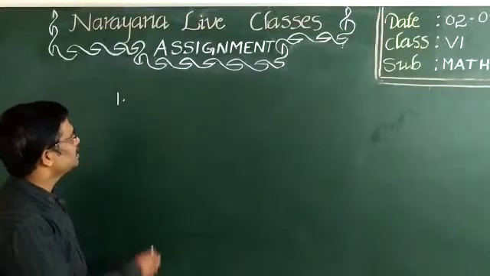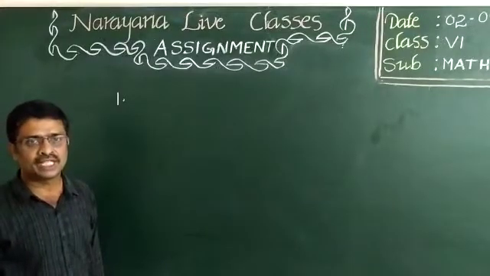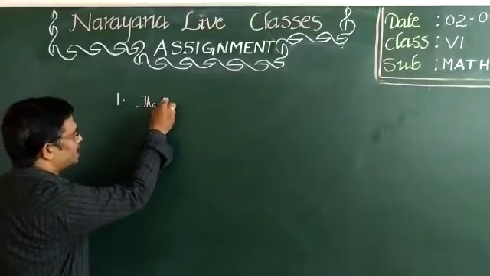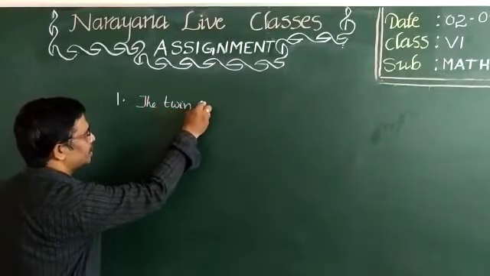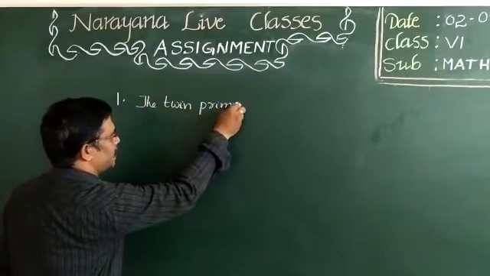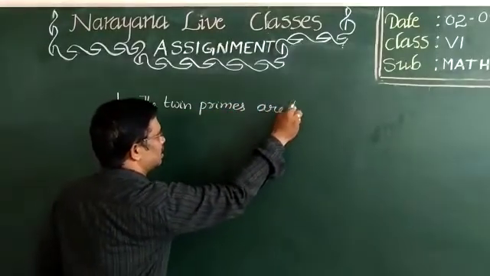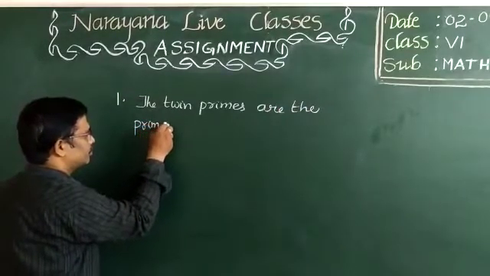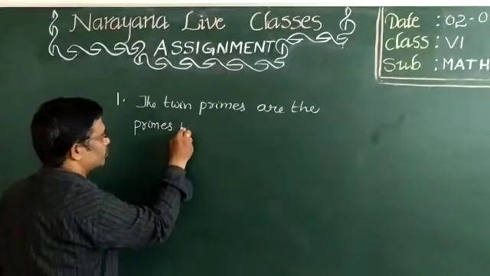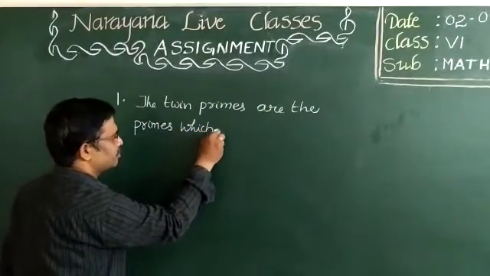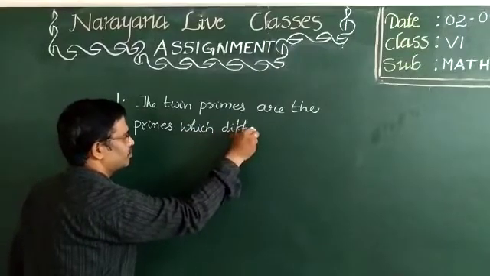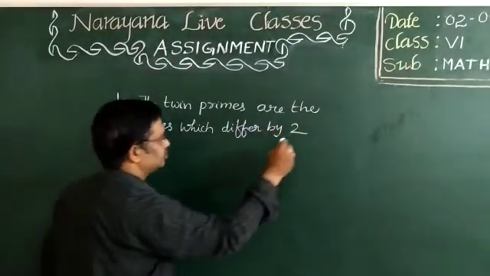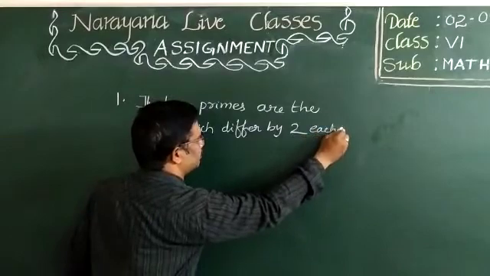So what is the difference between primes and twin primes? Twin in the sense two. So the twin primes are the primes which differ by two from each other.